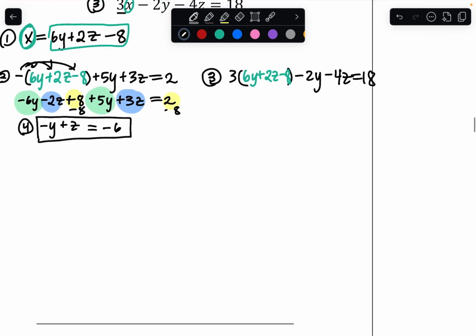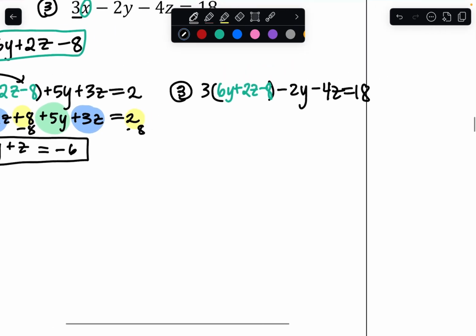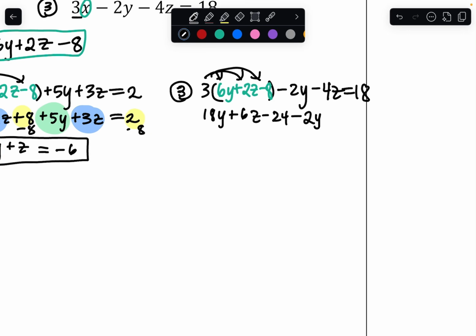And we're going to do the same thing over here to get equation 5. So first step is distribute your 3. 18y plus 6z minus 24. Minus 2y minus 4z equals 18. I have an 18y minus 2y, which is 16y.